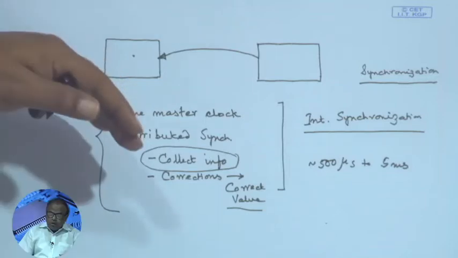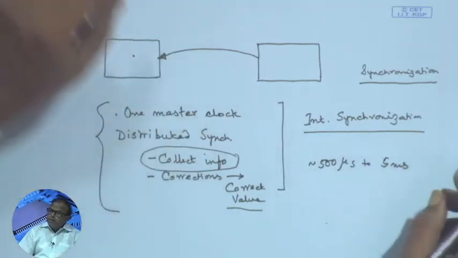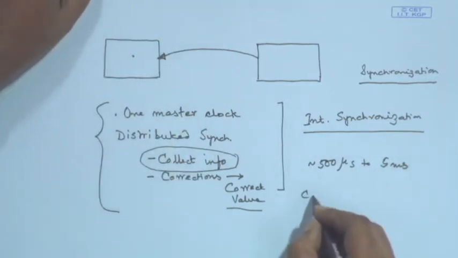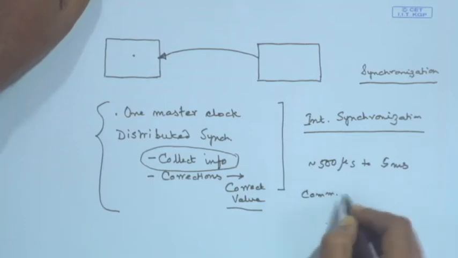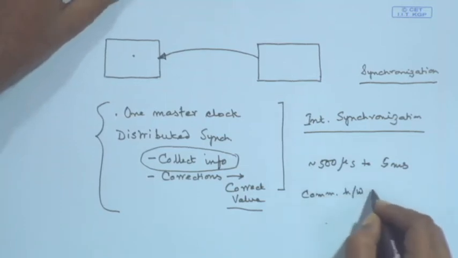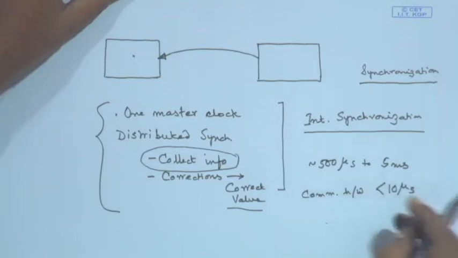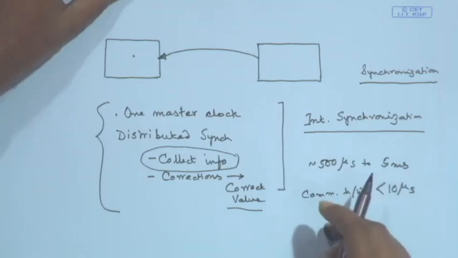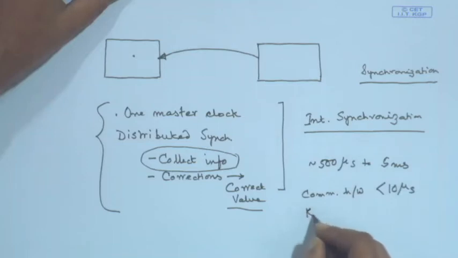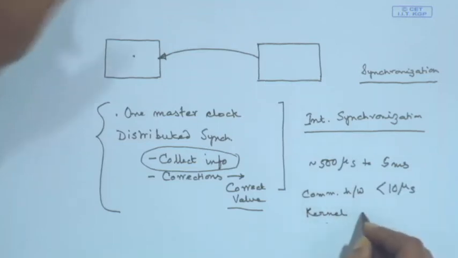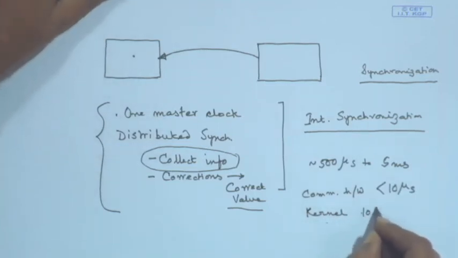Whereas if I come to the communication hardware, it becomes much faster, less than 10 microseconds. At the kernel level, it is somewhere in between, like 10 microseconds to 100 microseconds.